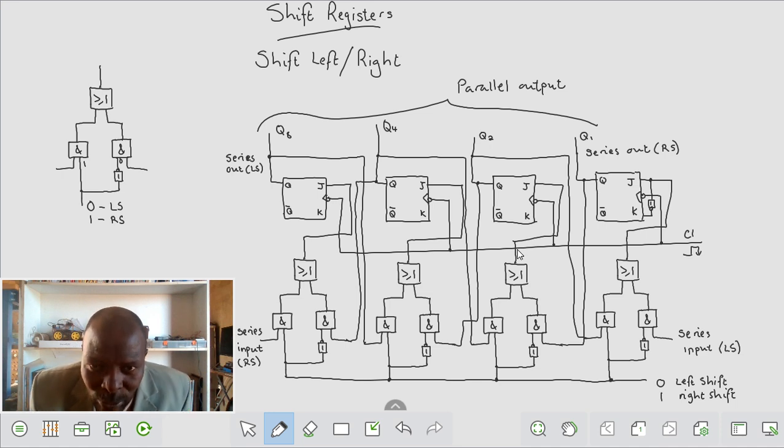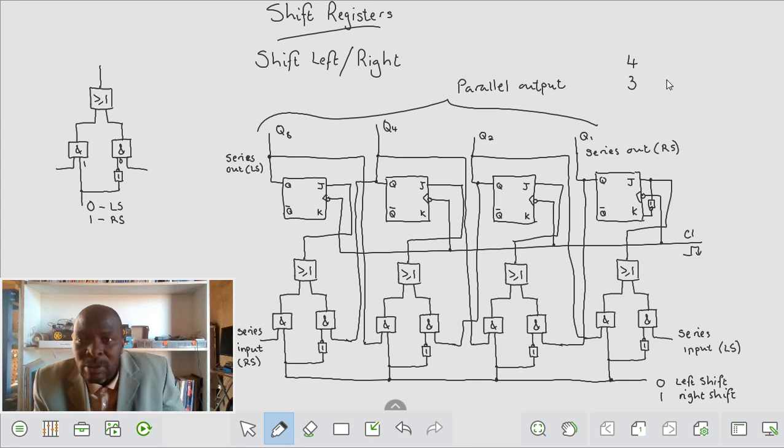What do I mean? If we need 4 clock pulses, we need one less more, which is 3 more. Remember, n is the number of bits, which in this case is 4, and then we need n minus 1 more to get a serial output.